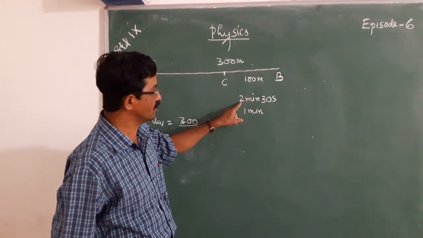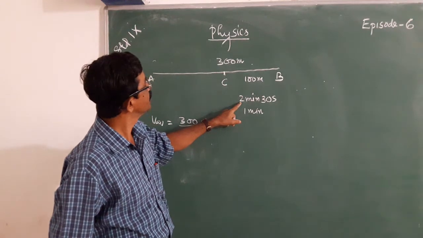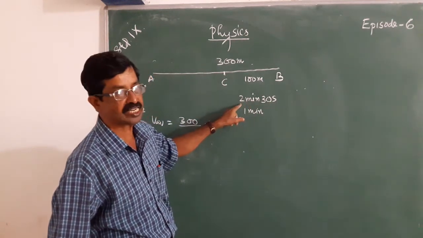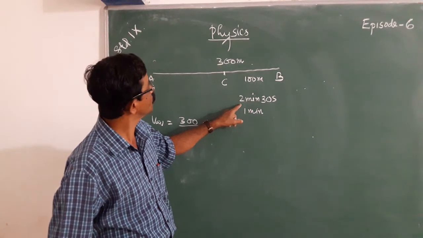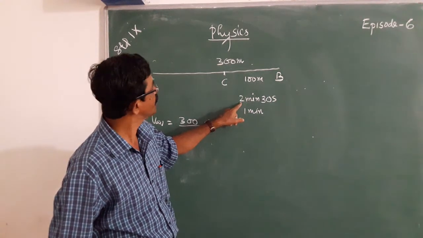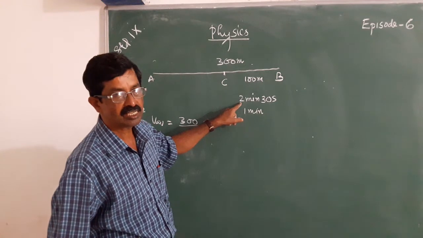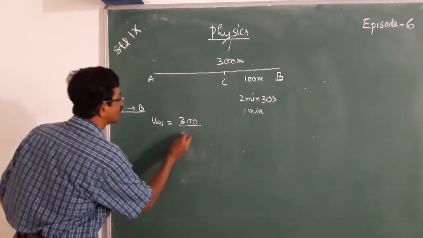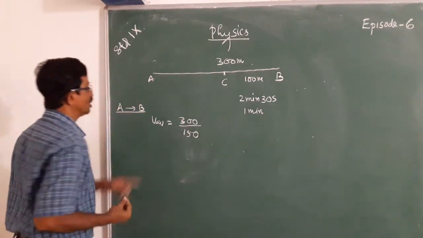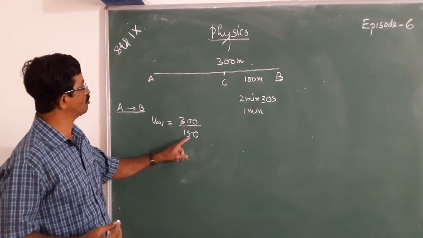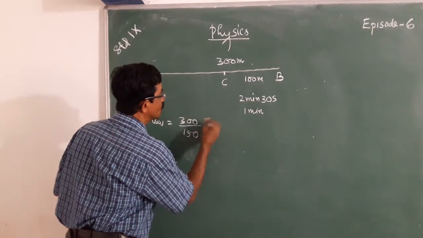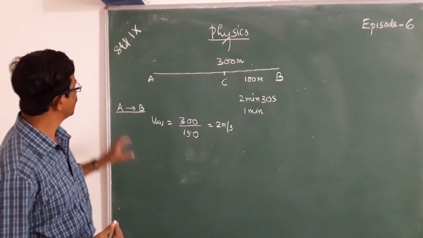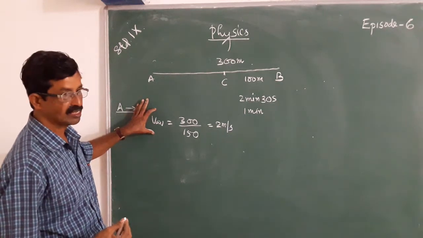What is the time he took? That is 2 minutes 30 seconds. 1 minute is 60 seconds, so 2 minutes is 2 into 60, that is 120 plus 30, 150. So that is 300 by 150, that is 2 meter per second. This is the average speed.